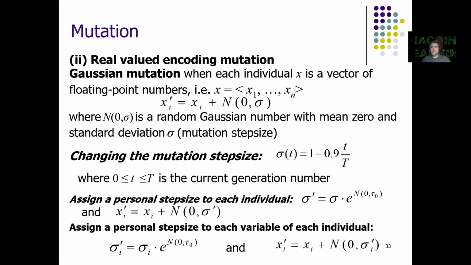These are represented with binary strings or with real values. So each one of these variables in the chromosome can have its own mutation step size. So you apply mutation in different ways and you adapt the mutation step size for each one of the variables. It gives a lot of flexibility in the design, as you understand.